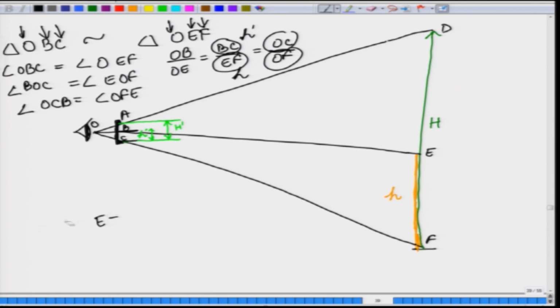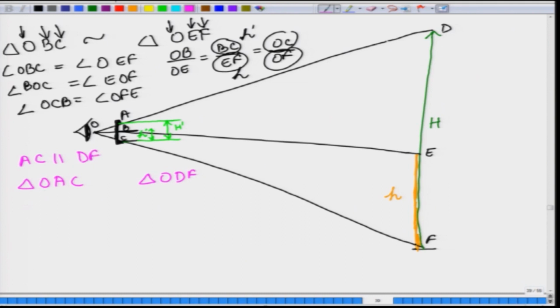Now, let us look at another pair of triangles. So, let us look at triangle OAC and triangle ODF. Now, in both of these triangles, you have AC is parallel to DF.